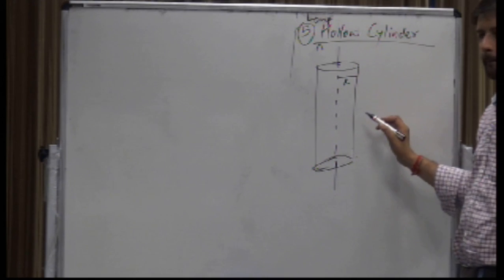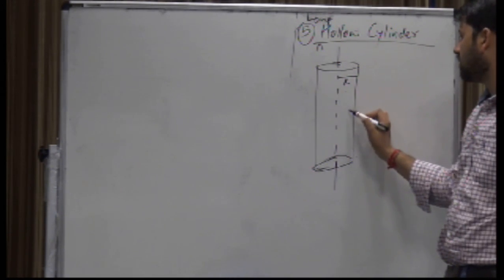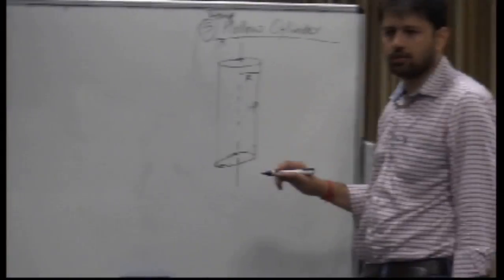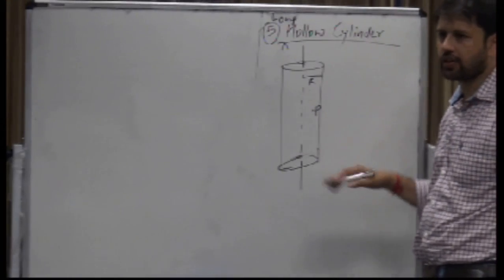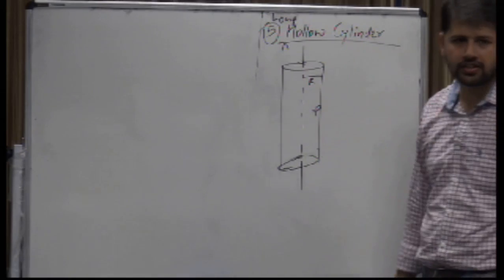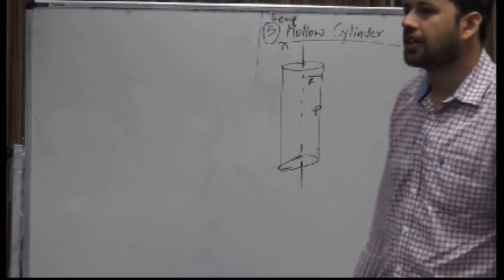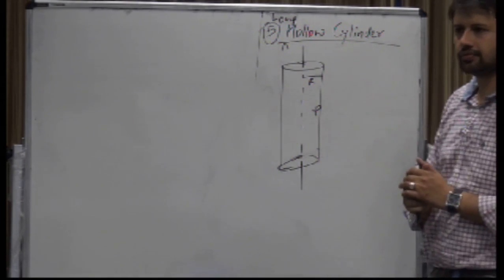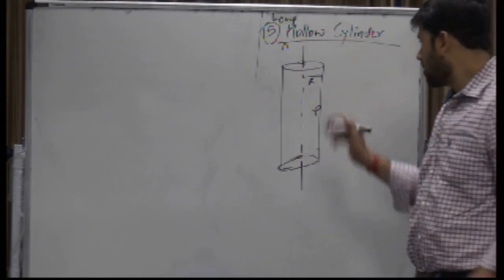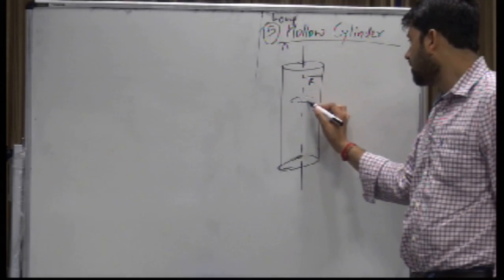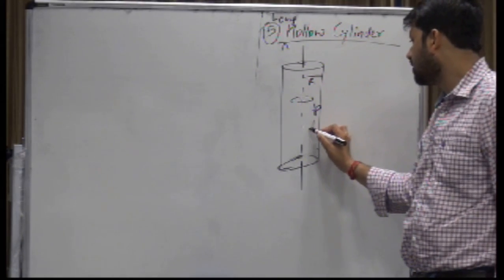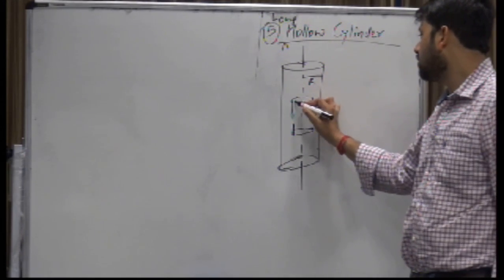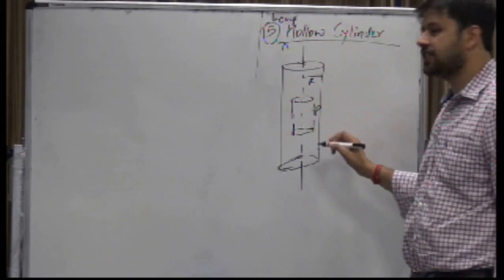Now let us assume you have a point P here. For an inside point, what would be the shape of the Gaussian surface? Yes, a smaller cylinder. But coaxial.